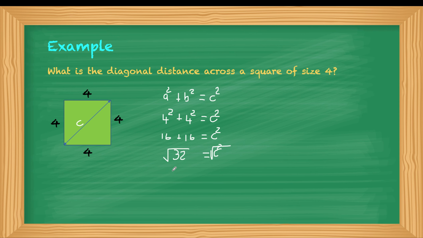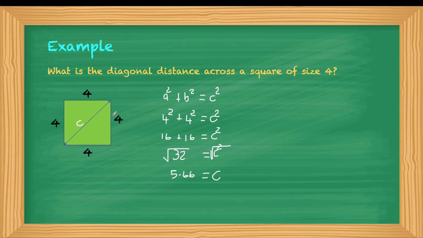And when I find the square root of 32, I end up with 5.66. I rounded it to 2 decimal places. So therefore, our c would represent 5.66. And remember, because it's the longest side, it would have to be longer than the 4 for both sides.